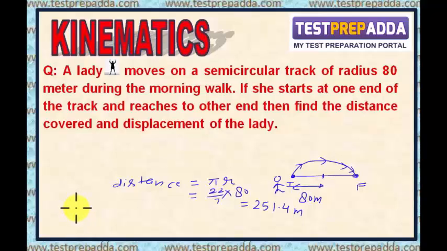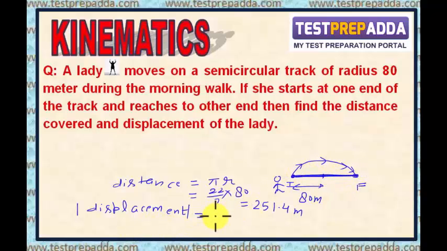As we know, the magnitude of the displacement is the shortest distance. Shortest distance is nothing but this. And what is this? This is the diameter.